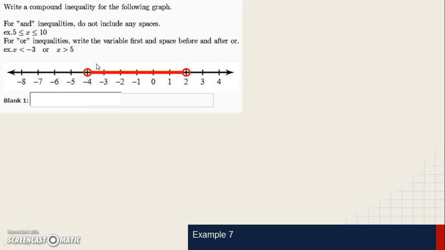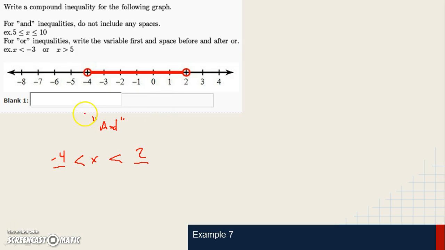All right, example number 7. Here the line is connected, so we know that this is an AND, and we know that x is going to be larger than our smallest value and smaller than our largest value. The smallest value here is negative 4, and the largest value here is 2.